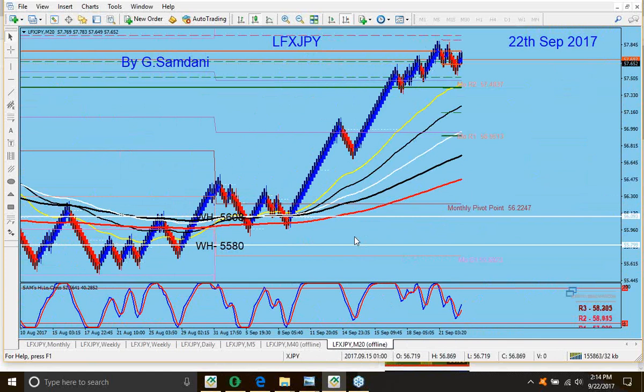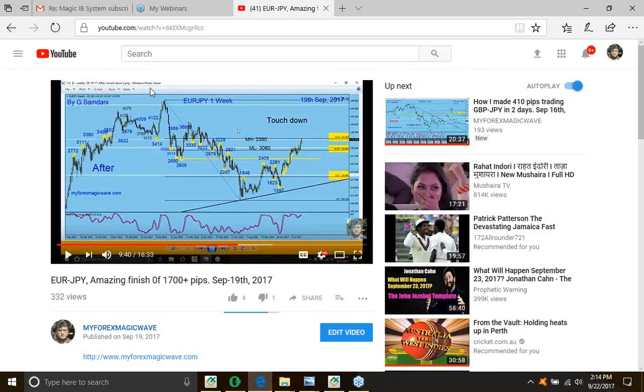Like pound yen, in the wrong time, you're not supposed to take it. Even if there is a setup, don't take it, because the time is not right. It's not going to move. You will go maybe 20 pip, 30 pip to the upside, and then it will come down to hit your SL. Okay, so please watch those pairs, those videos, all right?